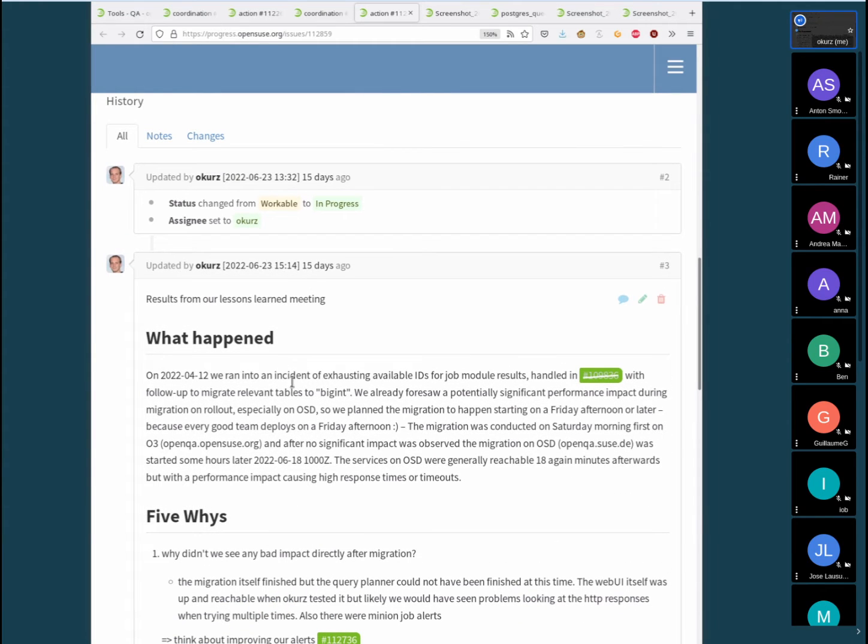We already foresaw a potential significant performance impact during migration and rollout, especially in openqa SUSE QE. So we planned the migration to start on Friday afternoon. I conducted the migration on Saturday morning, first on openqa.opensuse.org, and after I saw no significant impact, I also triggered the migration on OSD about 4 hours later.